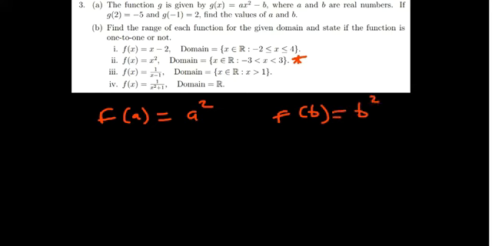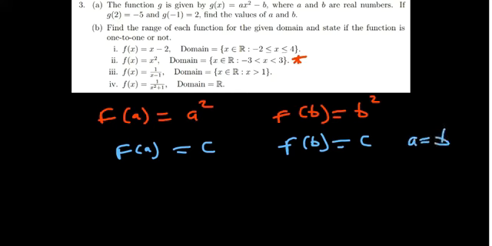So we'd have to prove that if f(a) is equal to c, and f(b) is equal to c, then actually a should be equal to b.